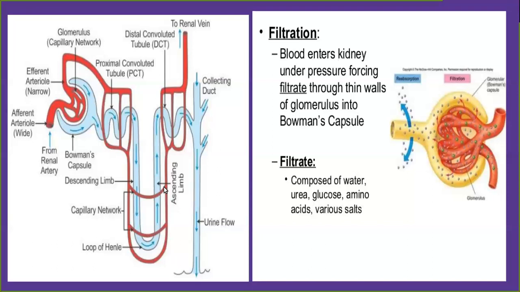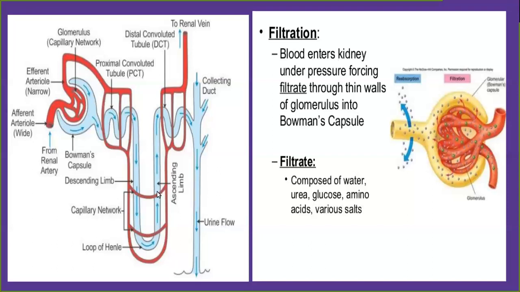Is it clear? And as a result, only the waste substances, the unwanted substances, unwanted salt and excess water remain behind in the tubule. The liquid left behind in the tubule of the nephron is called urine, which enters into the collecting duct.